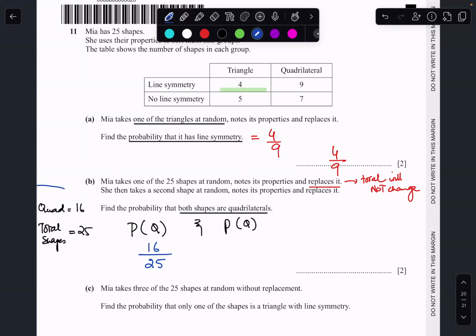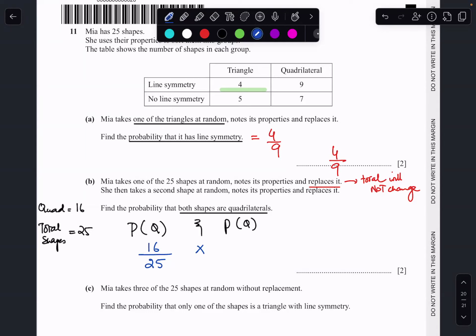Okay, did you understand this? Because the question asked was related to quadrilaterals in total, right? So the quadrilateral total are 16. The probability that the first shape is a quadrilateral is 16 by 25. And what is the probability of the second shape to be quadrilateral?